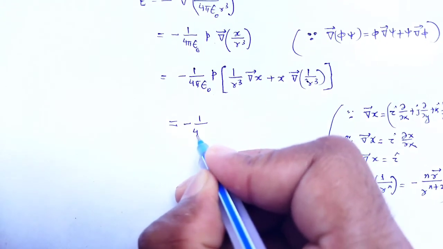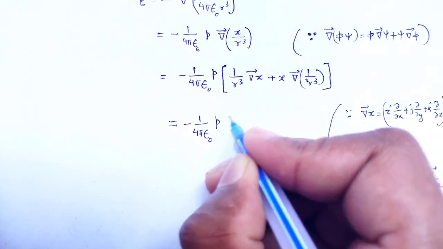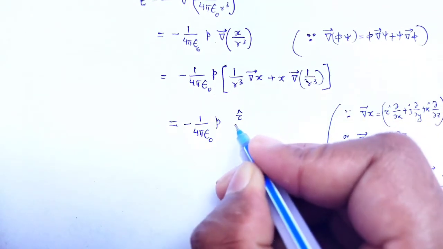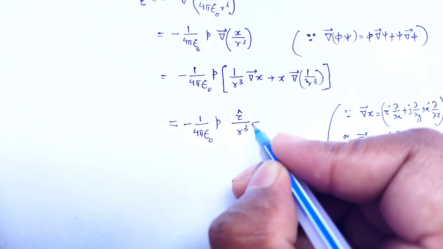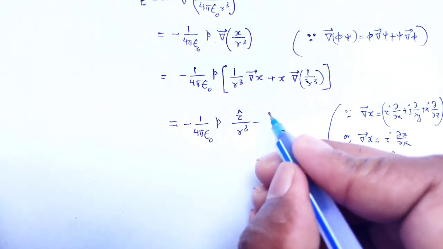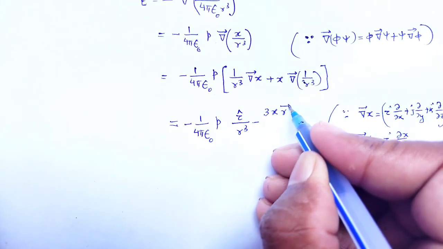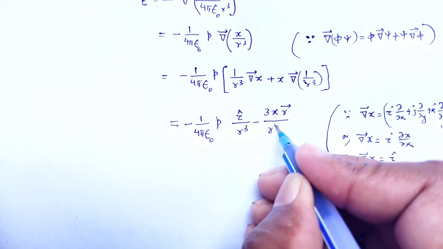minus 1 by 4 pi epsilon naught p, that will be i cap divided by r cubed, minus 3 x r vector divided by r to the power 5.